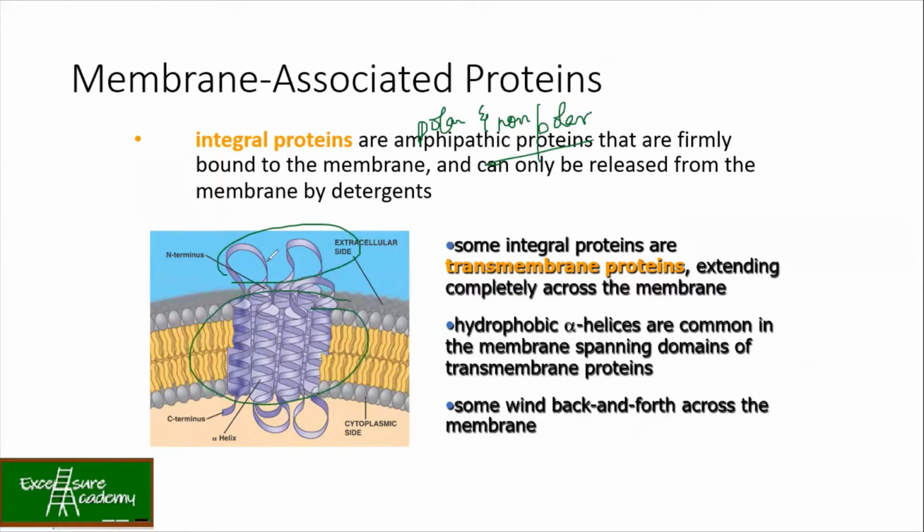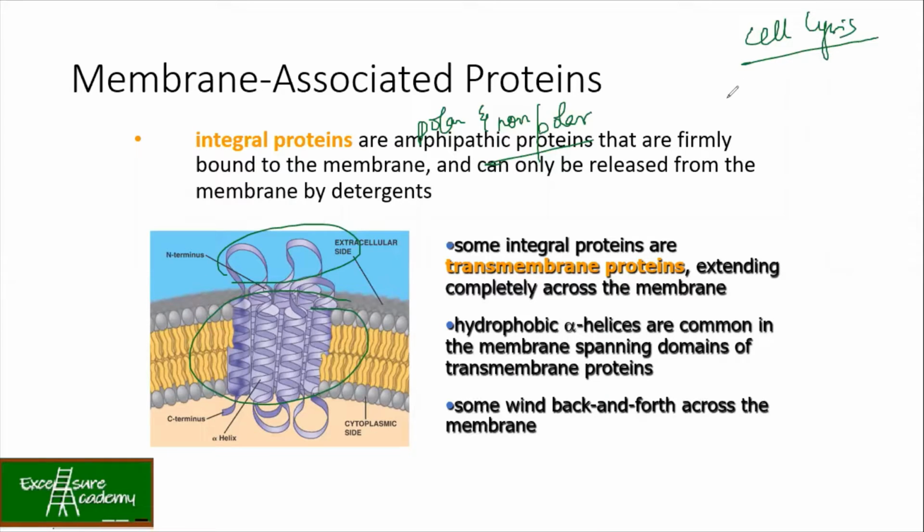ठीक है. Now suppose you need to purify these integral proteins or membrane proteins for your experiment, then how are you going to do it? If you remember, we have talked about cell lysis during the techniques and methods, right?